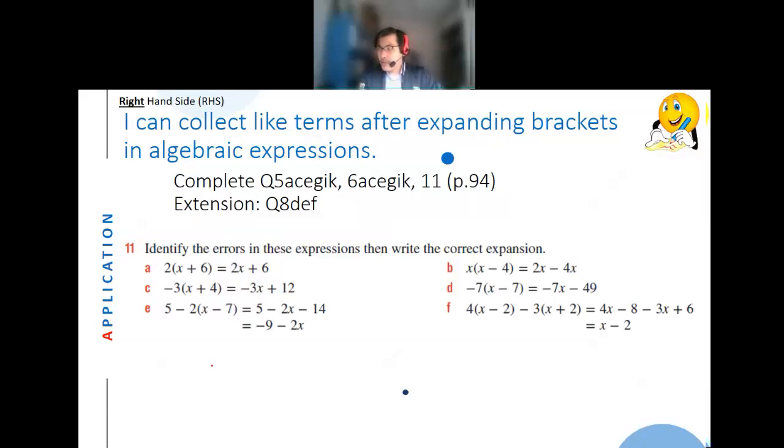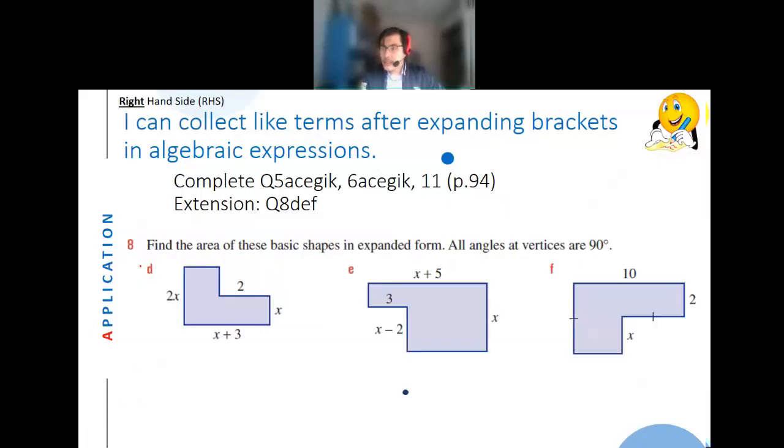So have a go at these two questions, 6 and 11, and then if you want a bit of an extra thing to do, an extension, then you can try question 8 as well, okay?